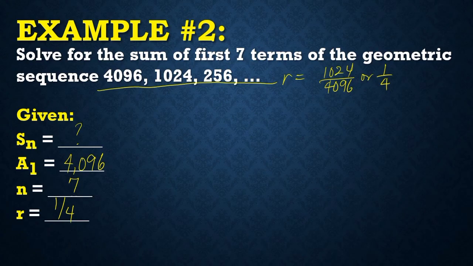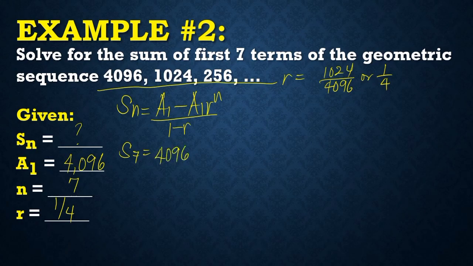Then we apply the formula. So that is S sub 7 is equal to a sub 1, that is 4096, minus 4096 times the common ratio 1/4 raised to n, that is 7, and then all over 1 minus 1/4.